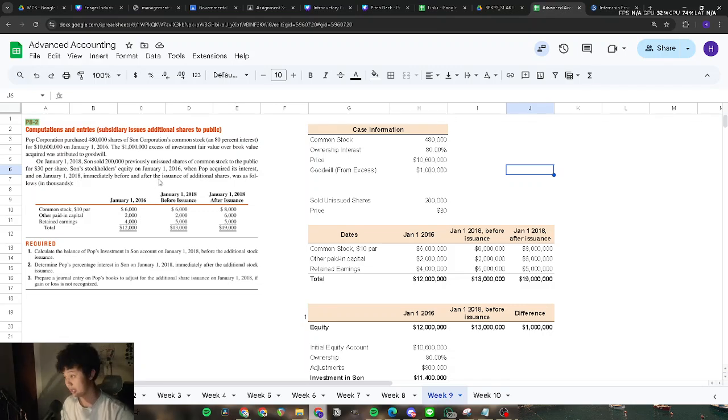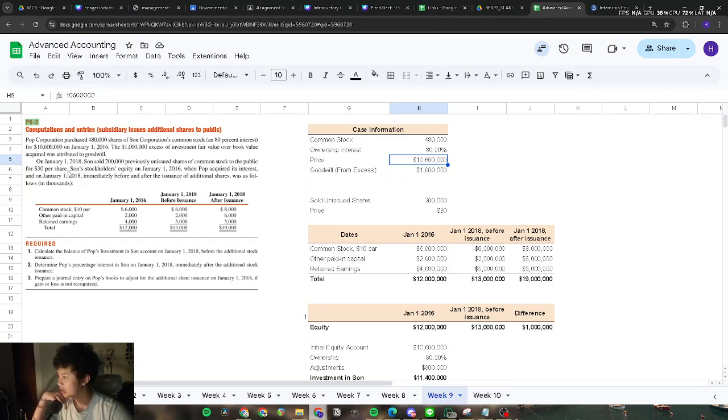So let's begin. Pop Corporation purchased 480 shares of Sun Corporation common stock. They have 80% interest, and they purchased this for 10,600,000. The excess 1 million is attributed to goodwill. On January 1st, 2018, Sun sold 200 previously unissued shares for $30 per share.